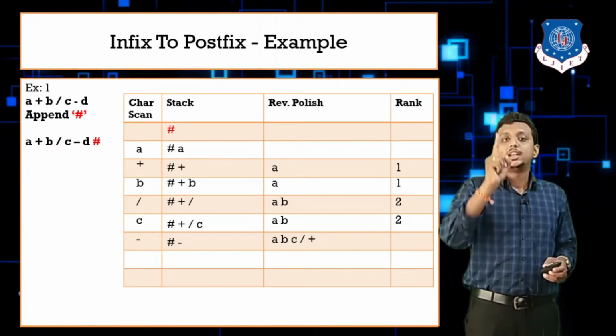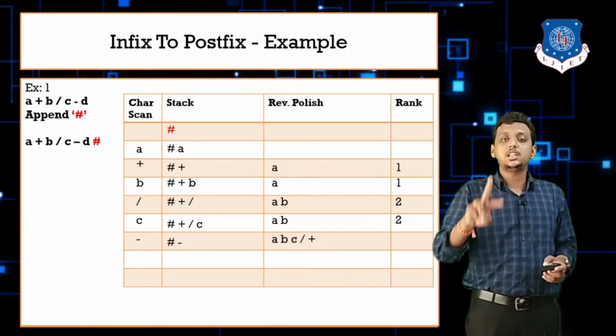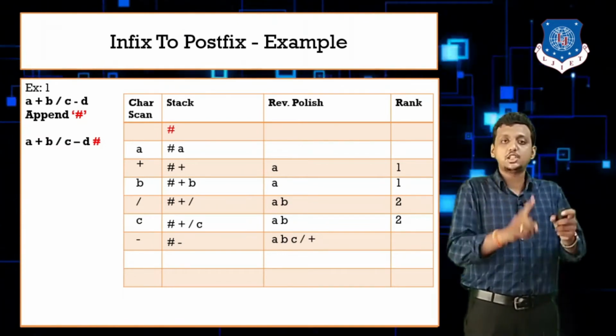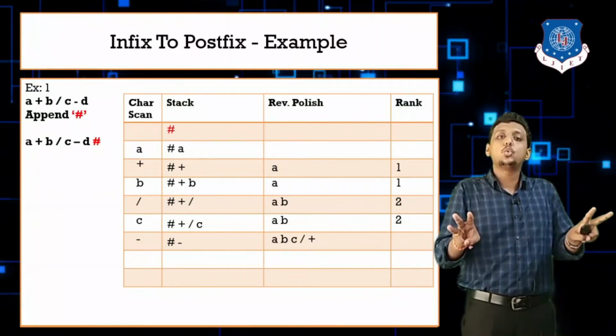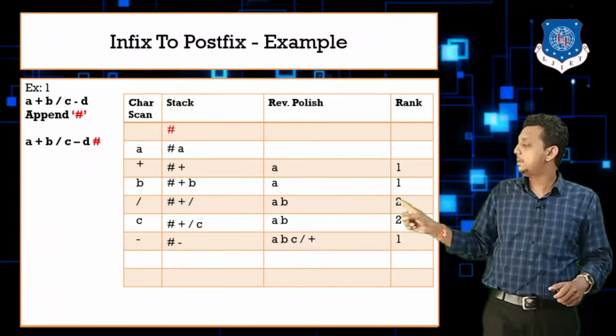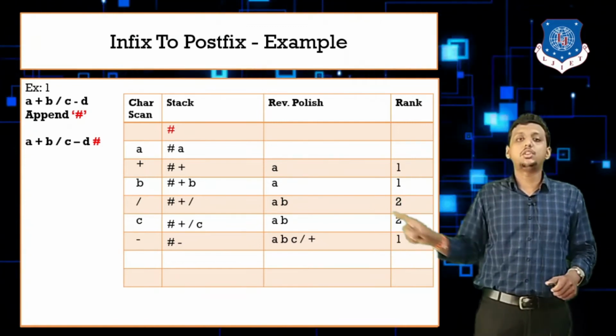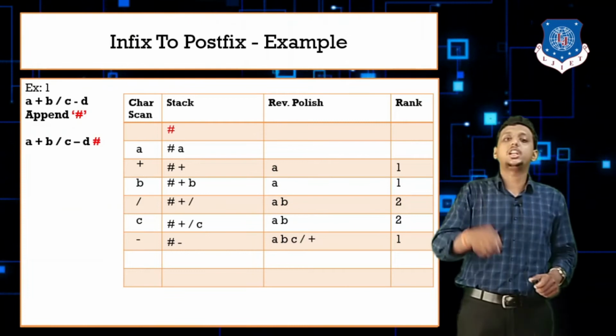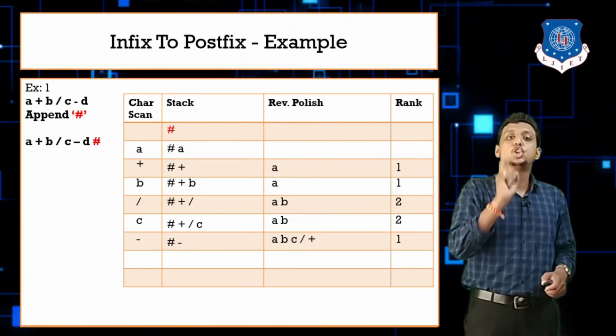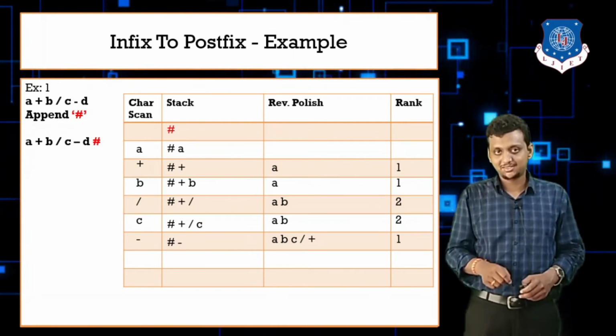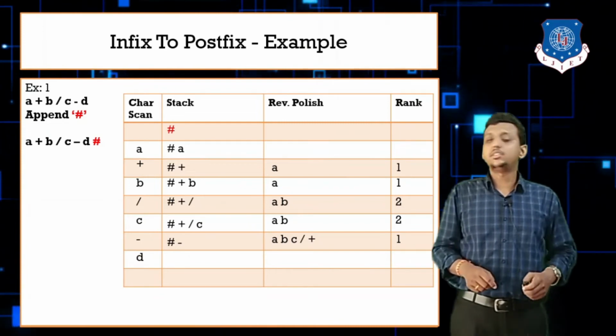Division and plus both contain -1, that means -2. So 3 minus 2 becomes +1, so the rank will be +1. Always calculate the rank according to the reverse polish string, because it contains your answer, and the rank should not be less than 1. Remember this.